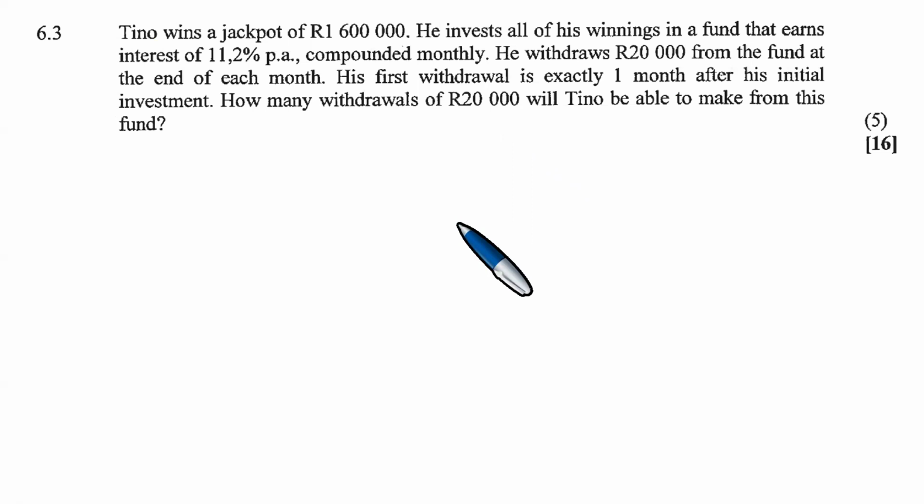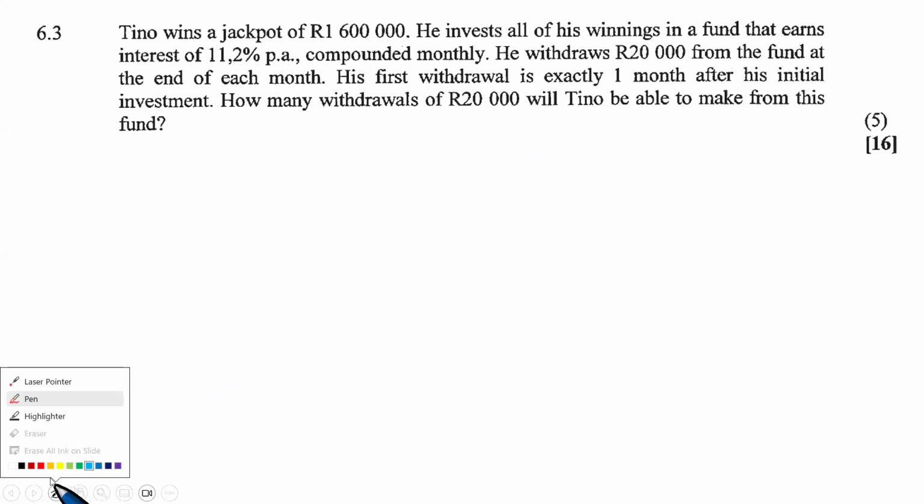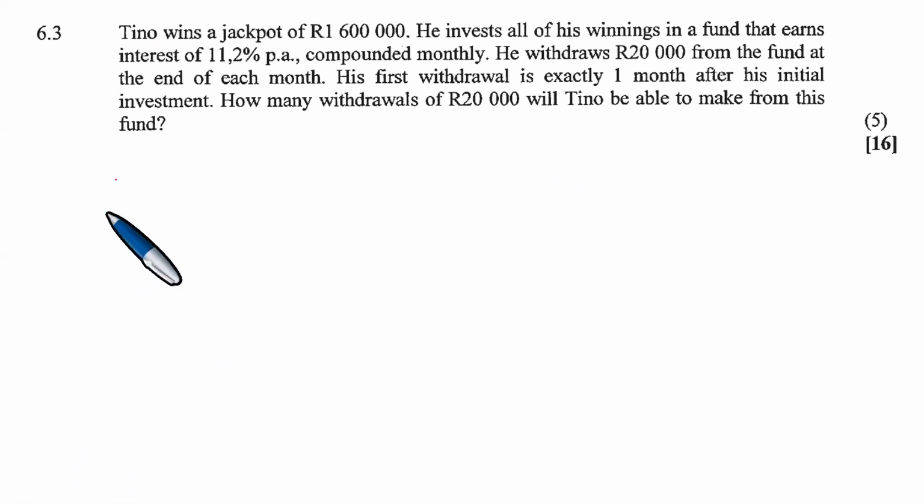In this case, there are a couple of things you need to take into account. Tino is dealing with a present value situation. So the present value is X, open bracket.